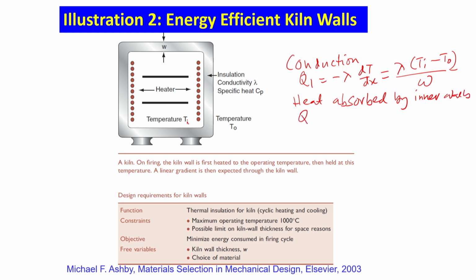That heat absorbed by the inner walls is Q2, and Q2 can be written simply as Cp times density times thickness, multiplied by (Ti minus T naught) by t. Let me check whether the thickness will go to the upside or downside, that I must check. I think it will go to the downside. That will be lambda by 2.